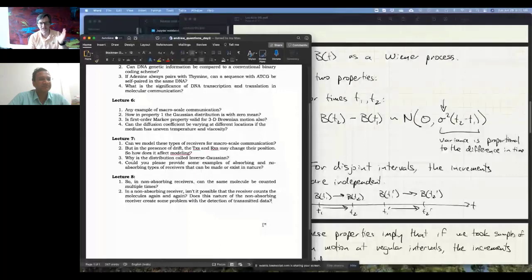But for now, we are looking at theoretical limits with absorbing receivers, practical implementations with non-absorbing receivers. The problem is mitigated to some extent when there is drift from the transmitter to the receiver. So I guess to some extent in real life, we could build systems with a marginal drift.